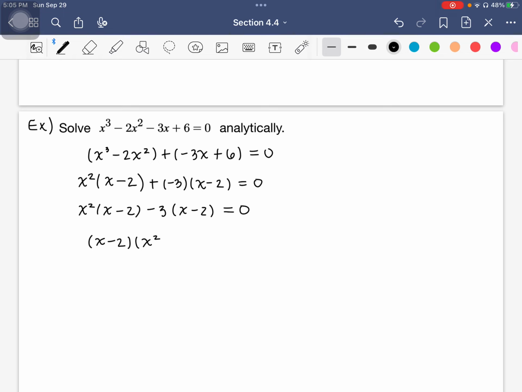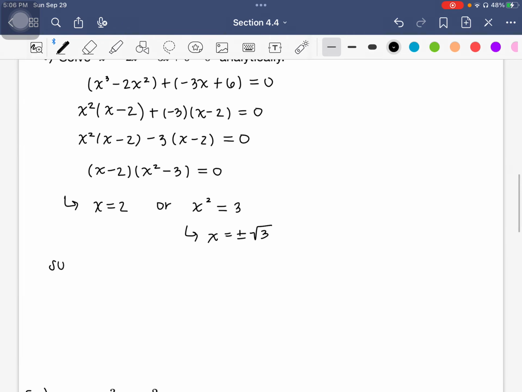And so we get x minus 2 times x squared minus 3. Then we can easily see that this means that x is going to be equal to 2, or x squared is going to be equal to 3, which tells us x is going to be plus or minus square root of 3. So then our solution set is going to be minus square root of 3, positive square root of 3, and 2.